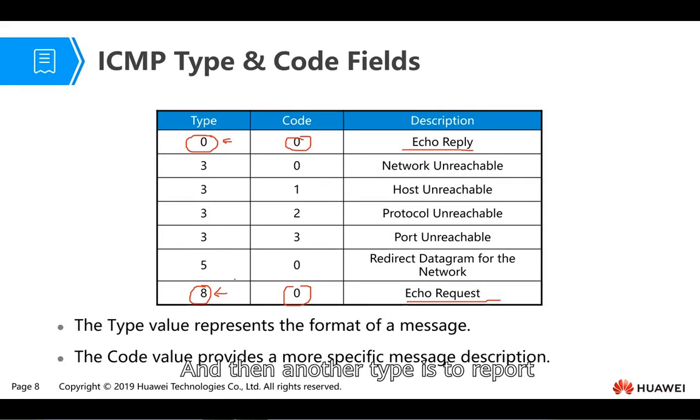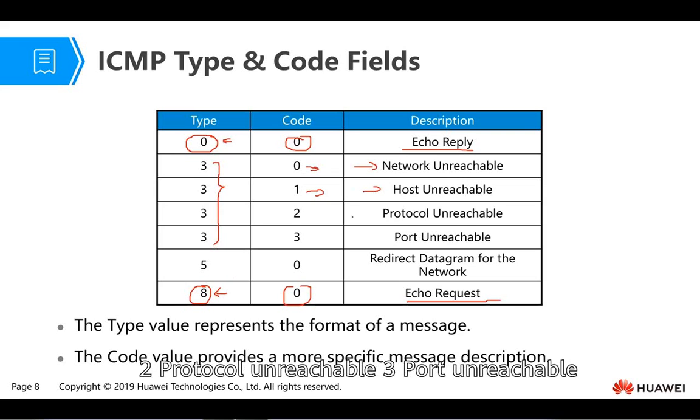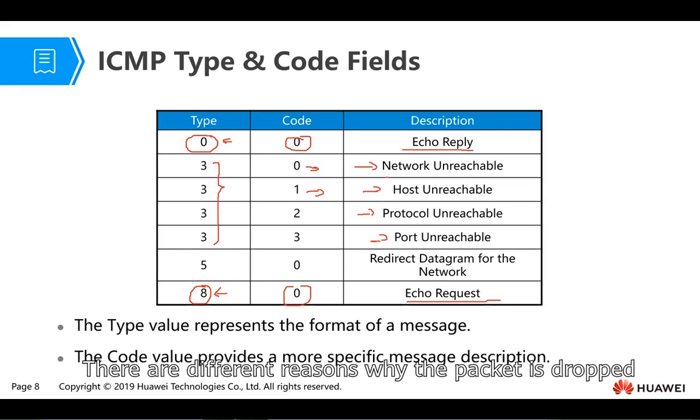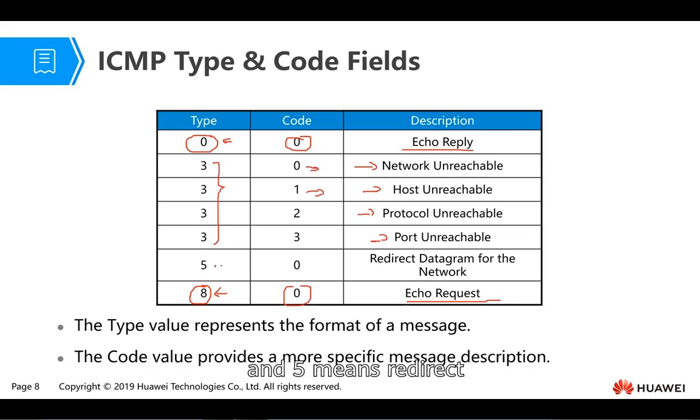Another type reports that the packet is dropped, and the code describes the different reasons: network unreachable, host unreachable, protocol unreachable, and port unreachable. There are different reasons that make a packet get dropped. And then type 5 is redirect.